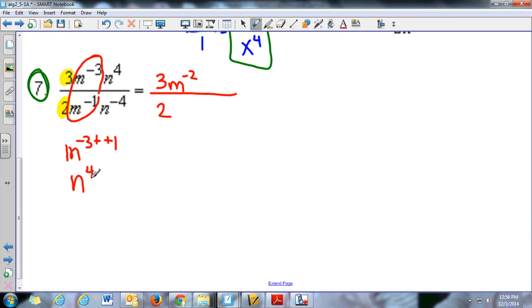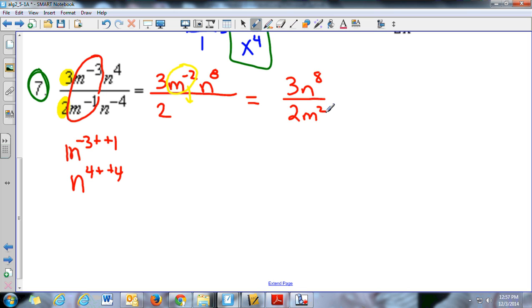N to the fourth divided by n to the negative fourth. So again, minus the negative power, add a positive, and so that's n to the eighth power. Again, variable, negative exponent, we're going to move it down. And so my final answer here would be 3 n to the eighth over 2 m squared.